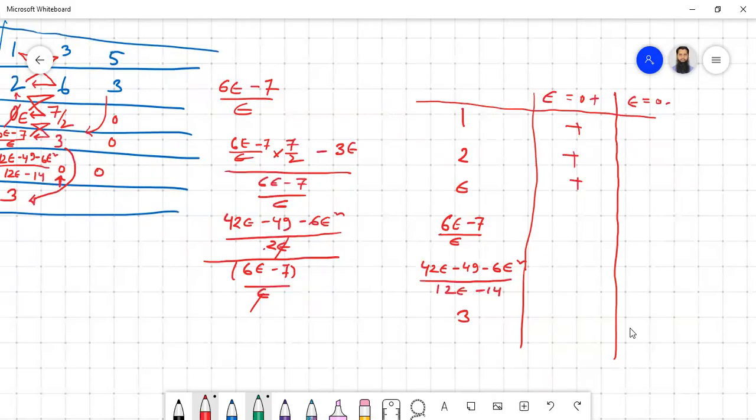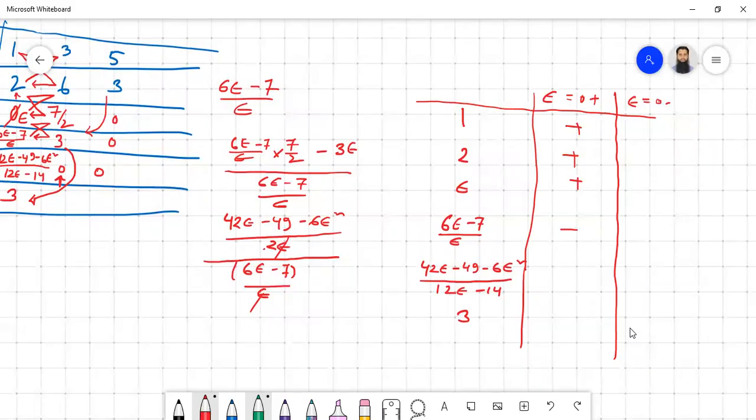Now the third one, based on the value of epsilon, because epsilon itself is positive but very close to 0, 6 into very close to 0 will be almost 0. So minus 7 divided by something positive, basically it will give you minus 7 divided by plus any number, so the sign will be minus.